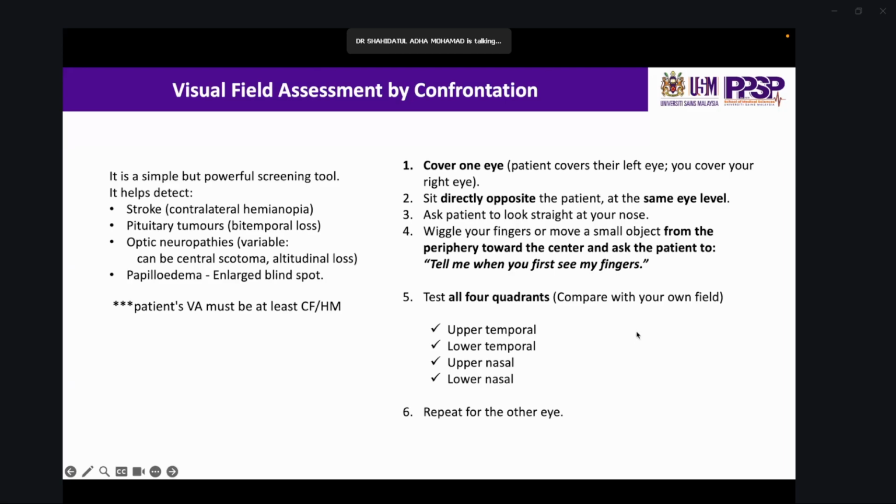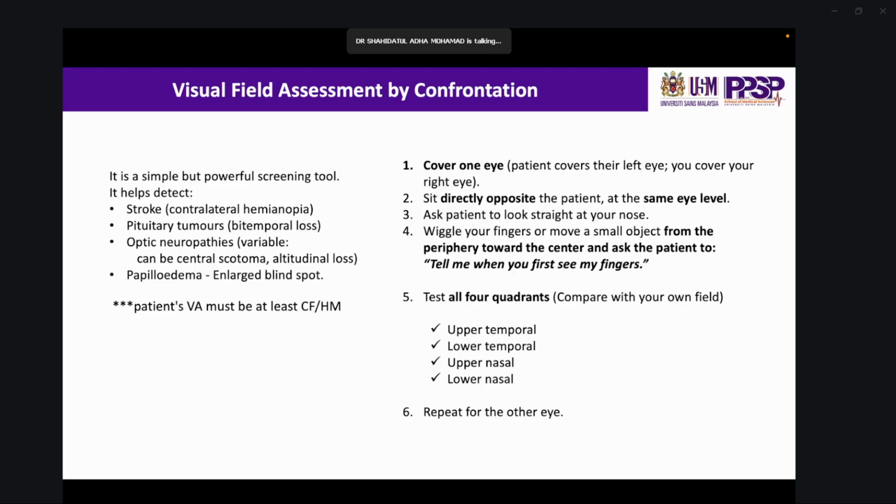So how do you do it? What we do in Ophthal is a little bit different and more detailed than what you need to do. But don't worry, just perform the usual one, in which you need to cover all four quadrants: the upper and lower temporal, as well as the upper and lower nasal. You need to cover the patient's eye, and then you need to cover your eye as well.